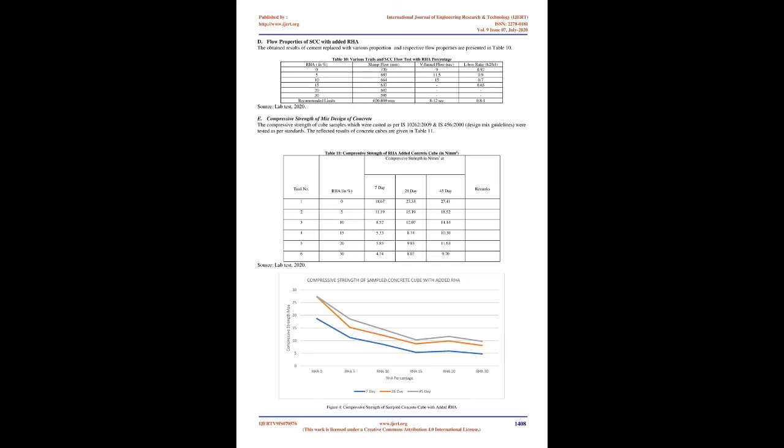Table 10, various trials and SCC flow test with RHA percentage. RHA, slump flow, V-funnel, L-box ratio H2/H1. 0%, 720, 9, 0.92. 5%, 693, 11.5, 0.9. 10%, 664, 15, 0.7. 15%, 637. 20%, 602, 30, 0.65. 595.